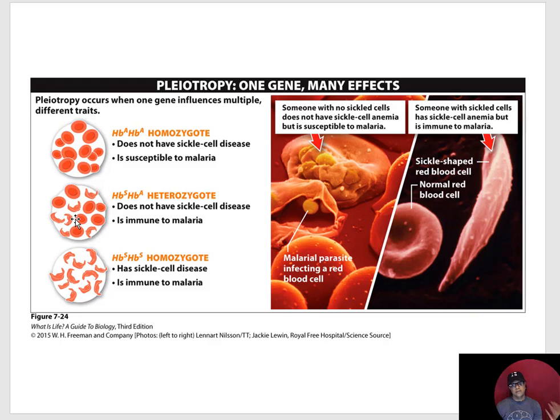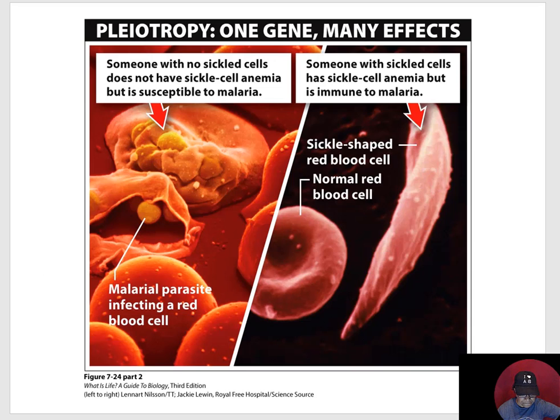And in order to survive without drugs and medications, which are not available, nature has actually evolved a way to survive malaria. And it is through this sickle cell trait, okay? And this is an example of pleiotropy, one gene, but many effects, okay?